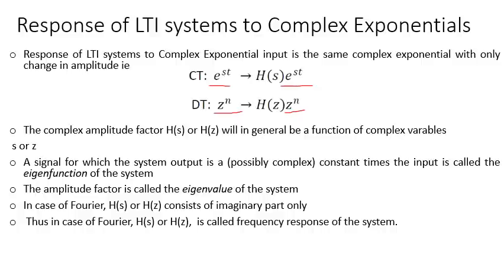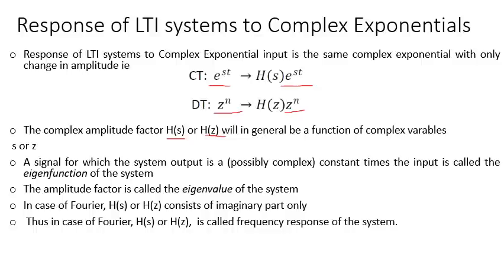This scaling factor or scaling amplitude, denoted by h of s for the continuous time case and h of z for the discrete time case, will in general be a function of complex variables s or z.